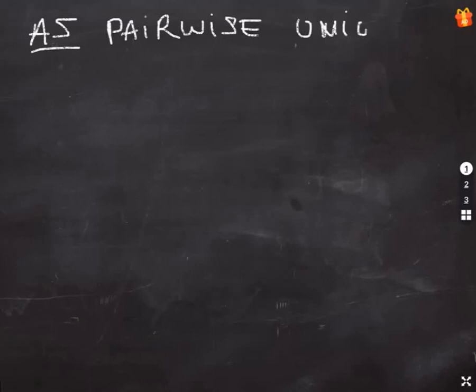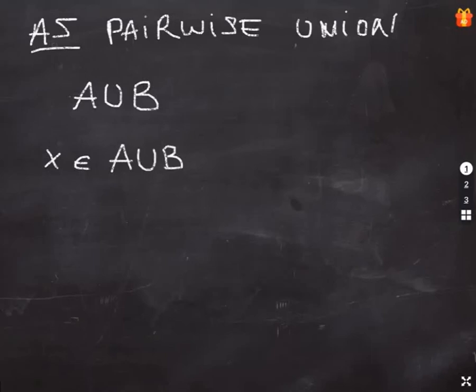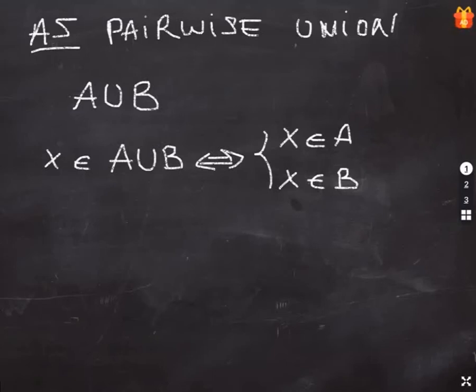So consider two sets, A and B. We're going to call the union of A and B this thing here, and it will consist of all elements which belong to A or B, or both, so that an element X belongs to the union of A and B if and only if X lies in A or X lies in B. Implicitly, I'm not saying that X belongs to A and B, because that "or" is by default inclusive.